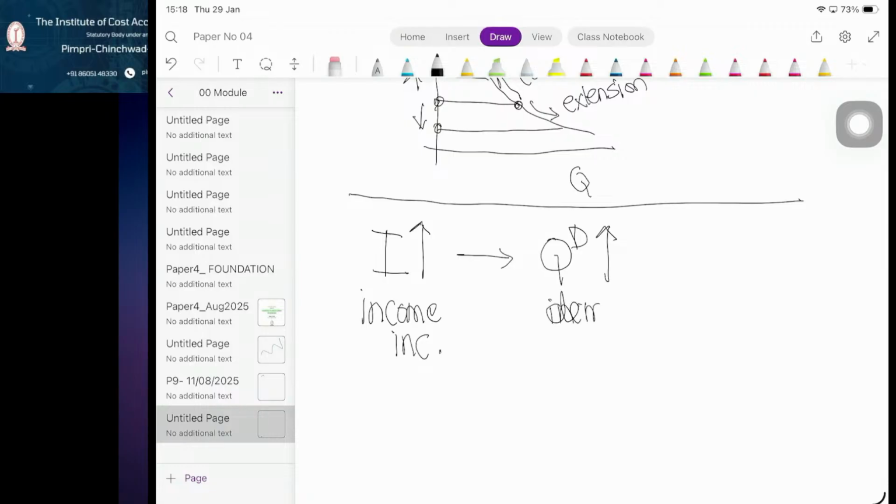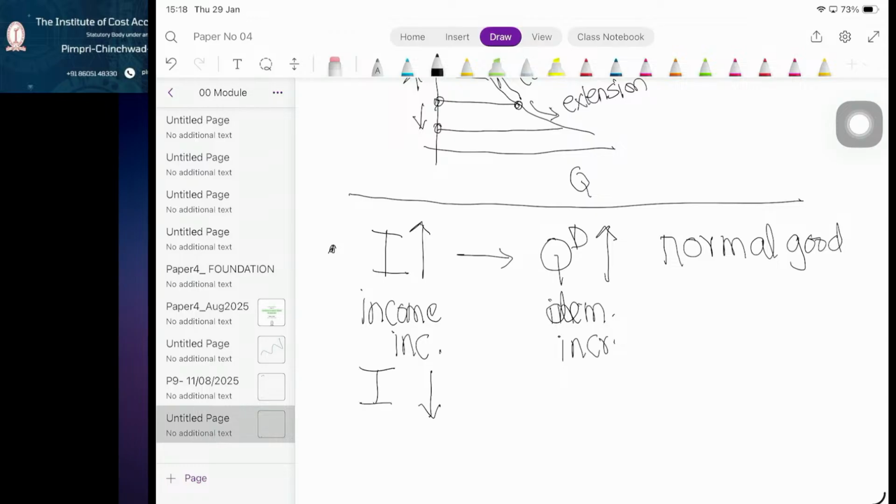Demand increases, okay, fine. Now if that happens, we say that the product is a normal good. You have to memorize this definition. It often comes in examinations.